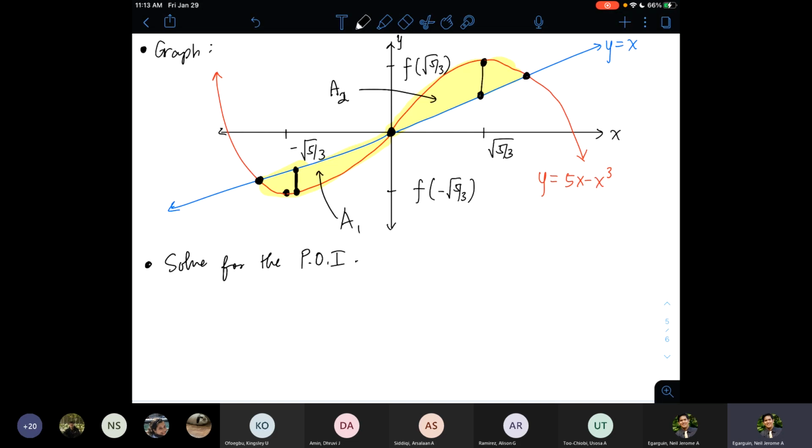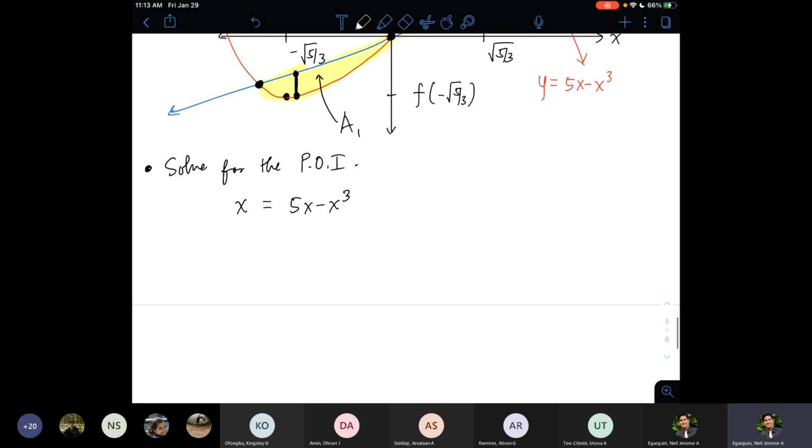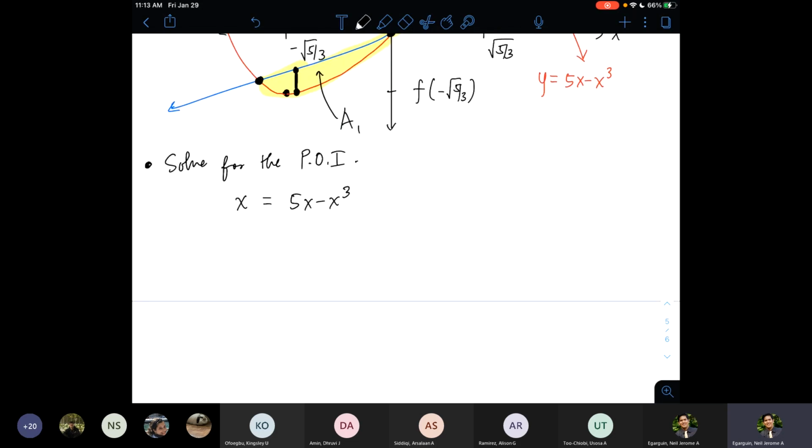And how do you solve for the points of intersection? Just equate the two functions together. Remember, the first function is y equals x. The other function is 5x minus x cubed. And then we solve for the x's when these two values are equal to each other. So basically, I'll have x cubed minus 4x equals 0.